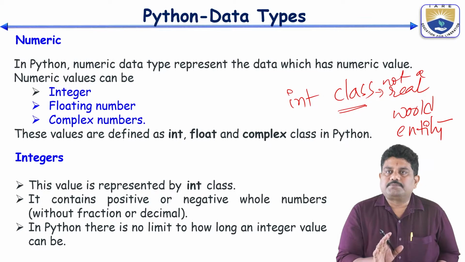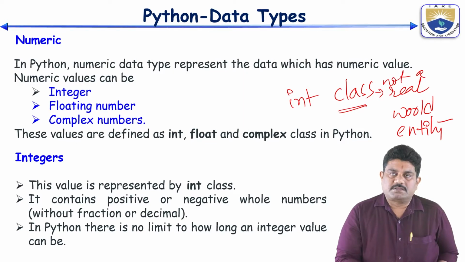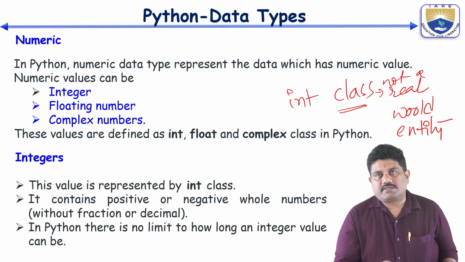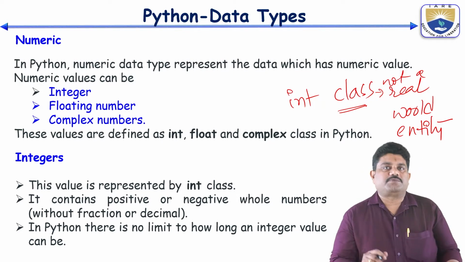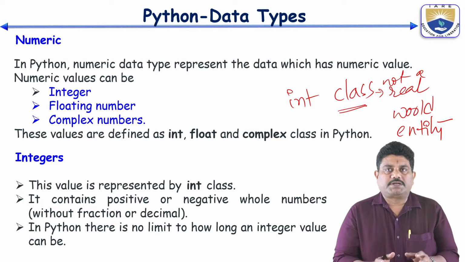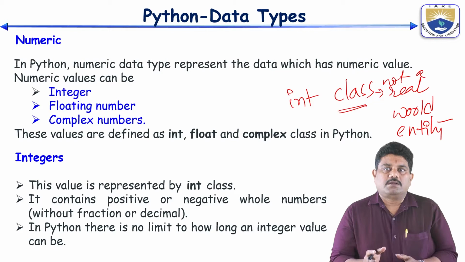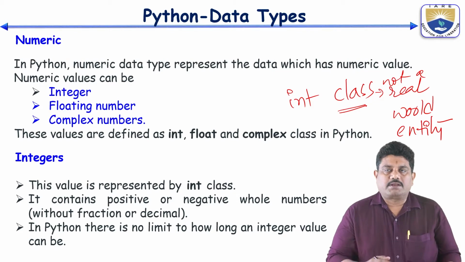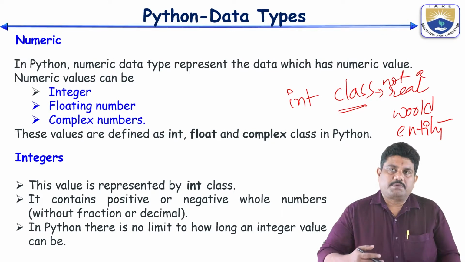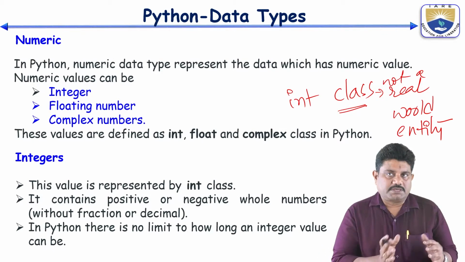A class has some properties and methods, and with those properties and methods, we can design an object. Based on that design concept, we can create an object.